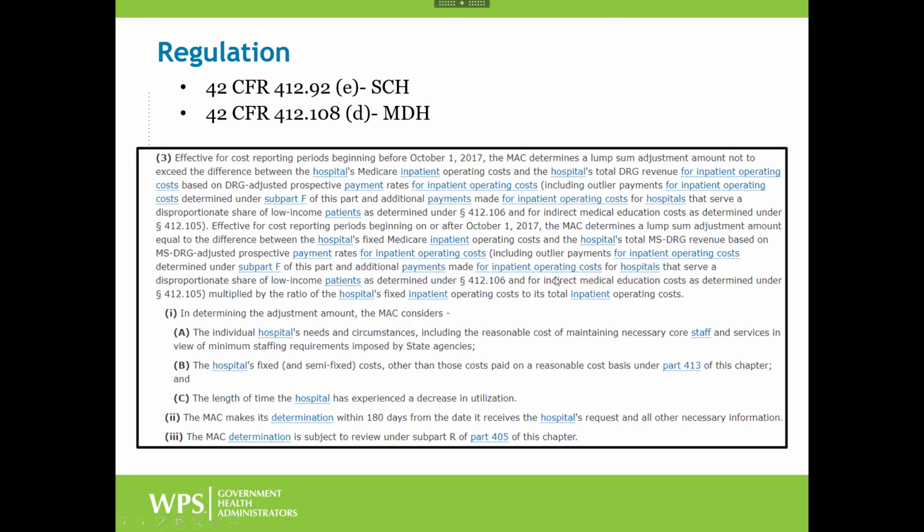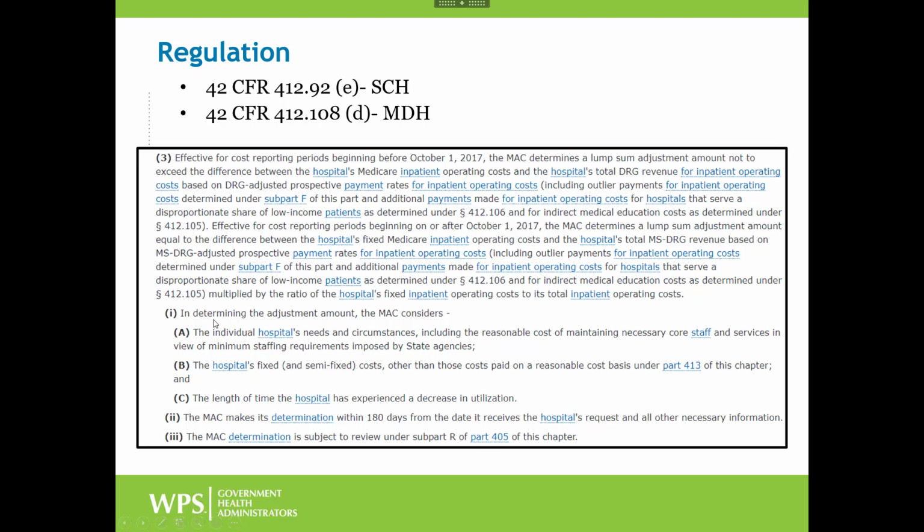That becomes part of the operating. So basically, we're looking at all the federal payments you're getting for inpatient operating costs, comparing it to the fixed portion of the inpatient operating costs, the allowable fixed portion. We'll talk about that later. And we're taking a look at that and multiplying it by the ratio of fixed costs to total costs.